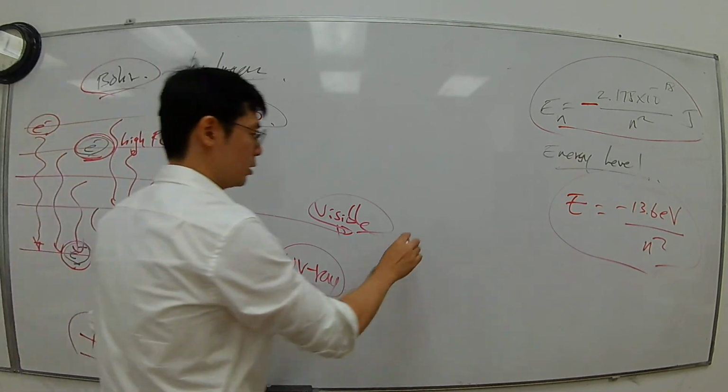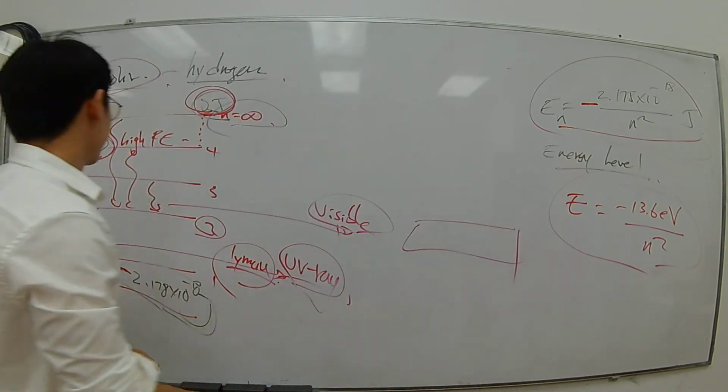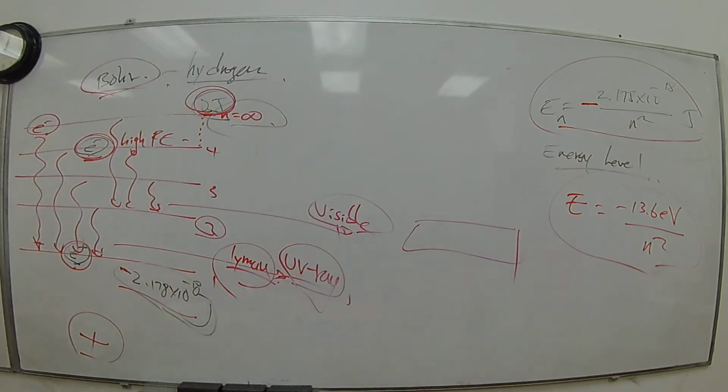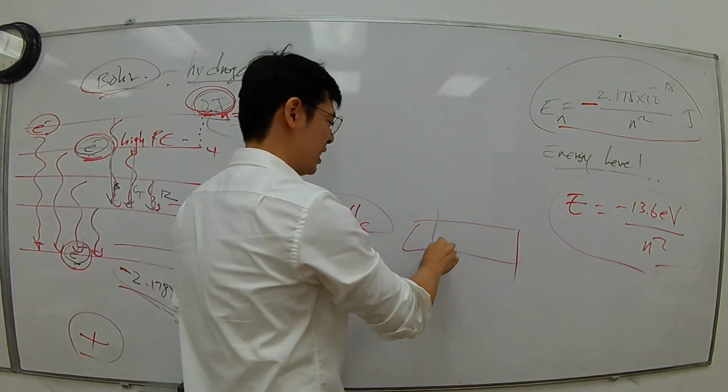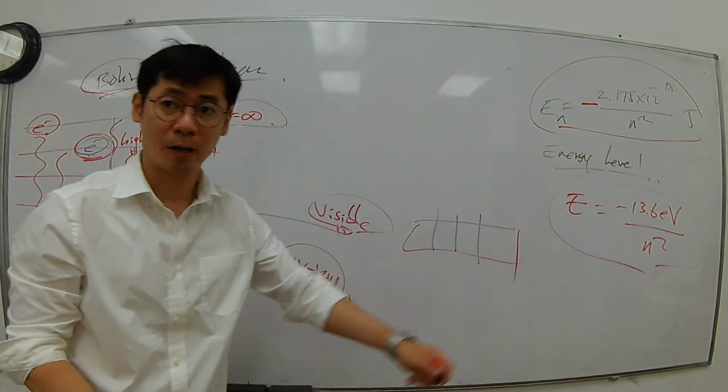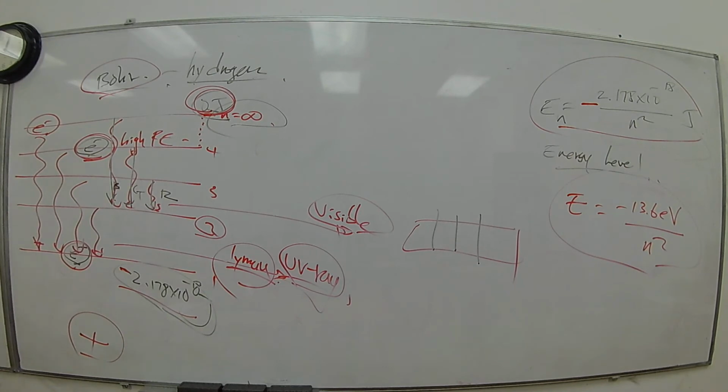This is coming from the higher level, this from the intermediate, low level. So this can be red light, this can be green light, this can be blue light, for example. Then you'll see 3 color bands on the bright line spectrum.